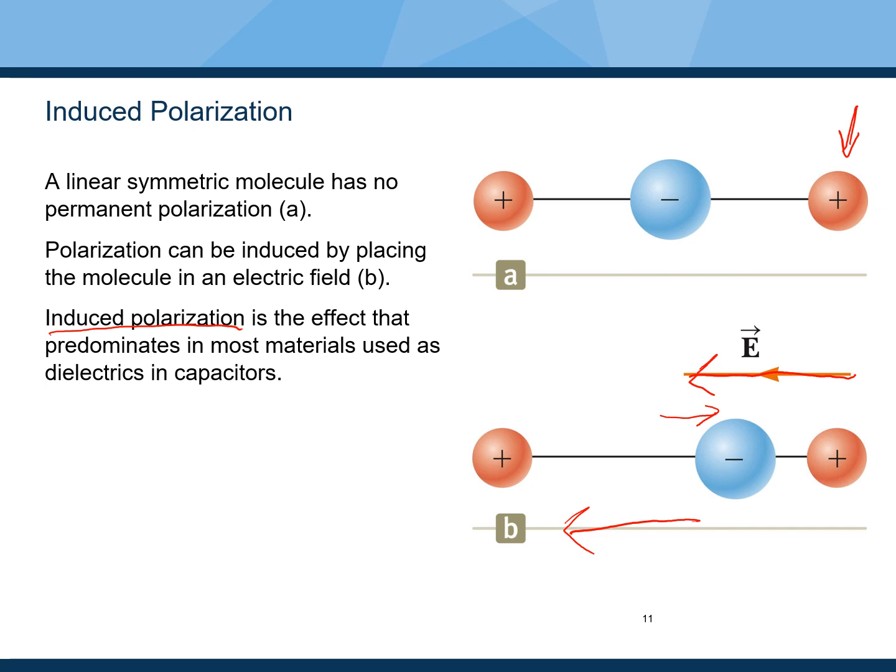Okay, so many objects, even if they're initially unpolarized, will actually acquire a polarization if they're put inside a strong electric field. And now this actually begins to explain to us what happens when you have dielectrics placed inside a capacitor.